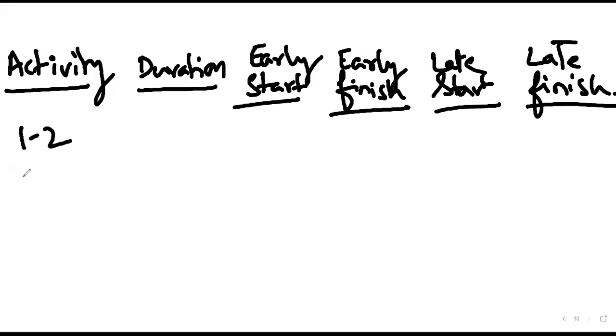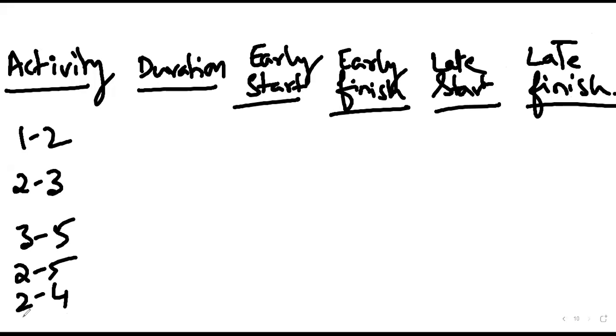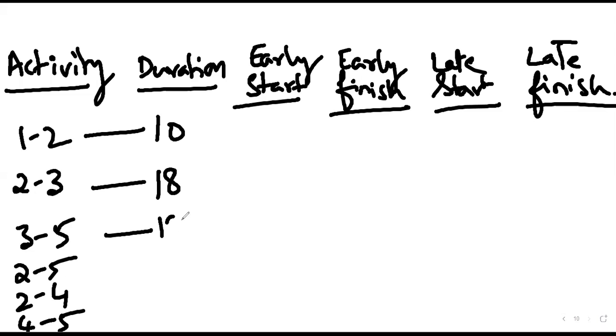So activities are 1-2, 2-3, 3-5, 2-5, 2-4, 4-5. Durations are 10, and what was the duration? 18, 12, 5, 10, and 3.